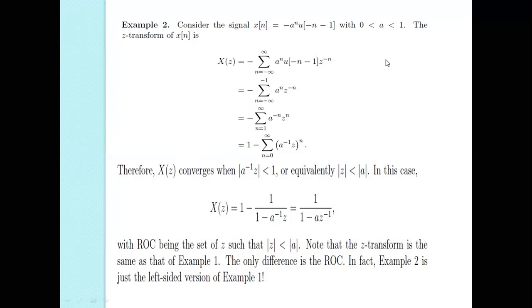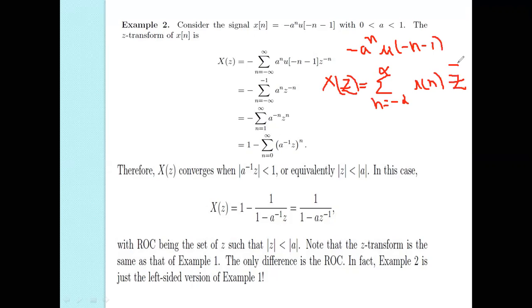Now, you see, the given signal is minus A power n mu of minus n minus 1. So in the definition, X of z is equal to the sum of n is equal to minus infinity to infinity of x of n z power minus n, the definition of the Z transformation.